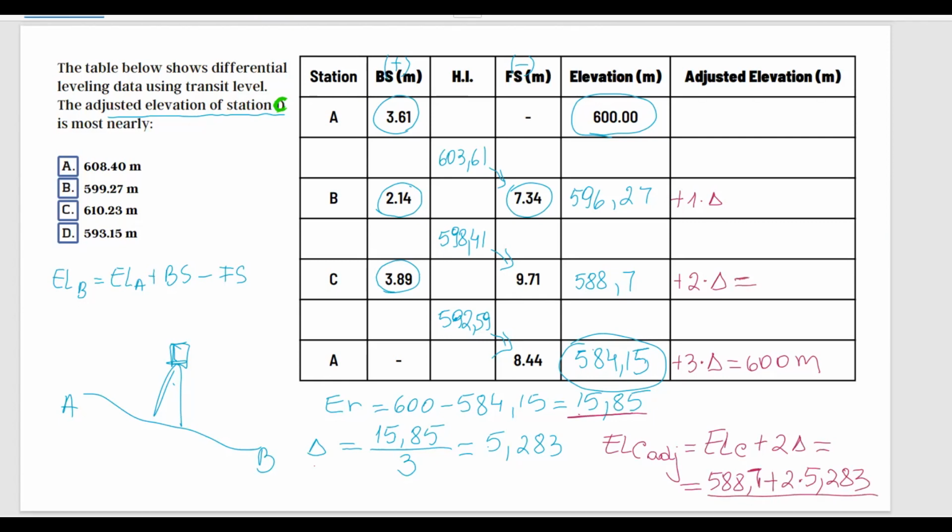Let's write this value here. We're going to get an adjusted elevation at station C of 599.267 meters. And the same way, you go ahead and calculate the adjusted elevation at station B, if required. Looking at the answers, 599.27 is option B, the correct answer.